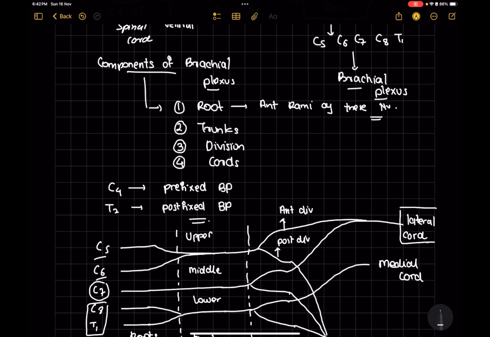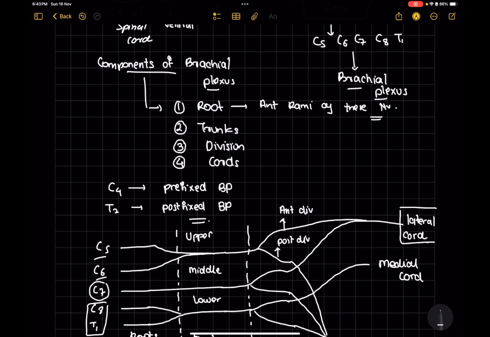Okay, so if you say radial nerve, if you say axillary nerve, once you learn these nerves, the sensory supply of the upper limb would become easier for you. And trust me when I say this, when you go ahead, when you learn about the particular nerves, that would be the ulnar nerve, then there would be some other nerve.